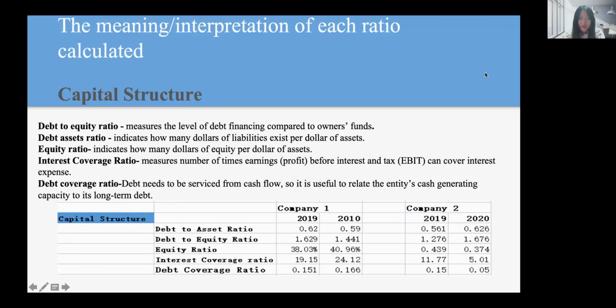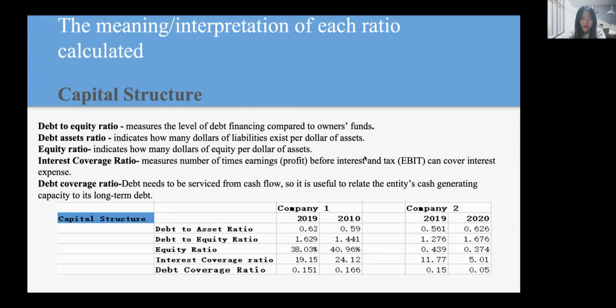Now let me use capital structure to tell you the difference of these two companies. We use the following 5 sets of data to analyze. The first one is debt to equity ratio. It measures the level of debt financing compared to owners' funds. Next one is debt asset ratio, which indicates how many dollars of liabilities exist per dollar of assets.